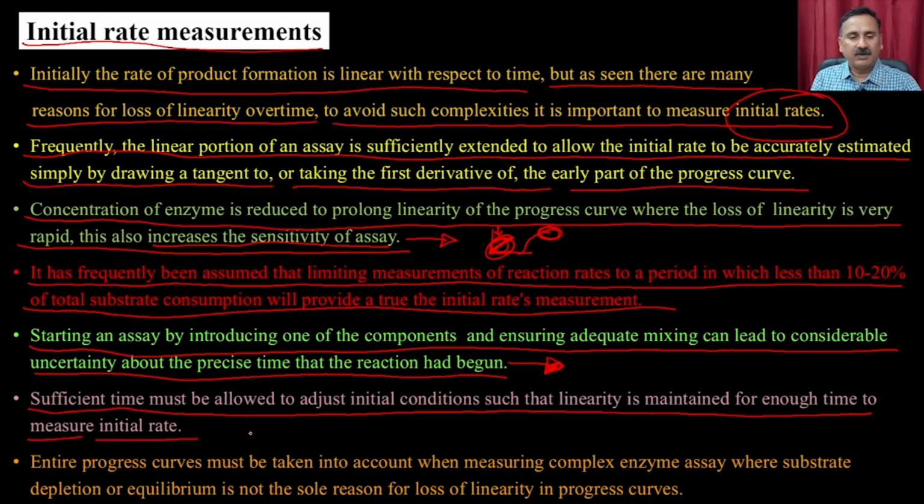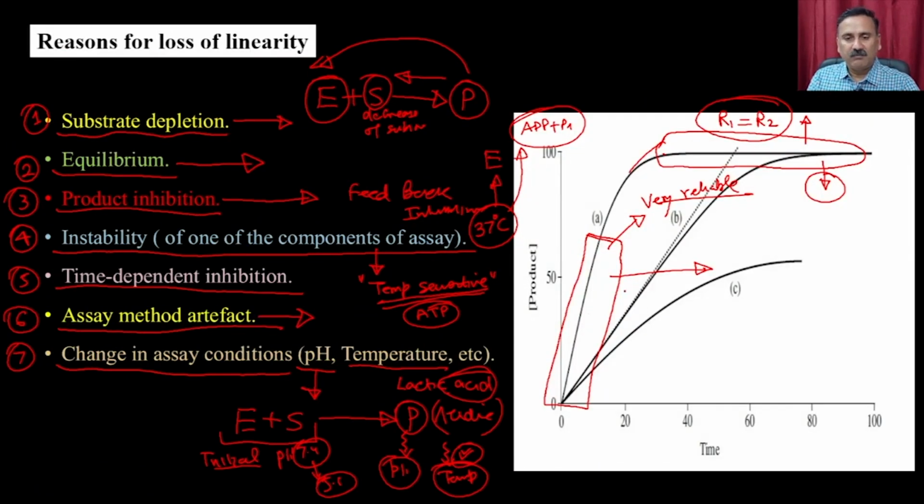So it's not only important that you make the initial measurement. It's also important that you allow the enzyme to get stabilized, because initially the enzyme is going to take time to recognize the substrate. Then it is going to start catalyzing.